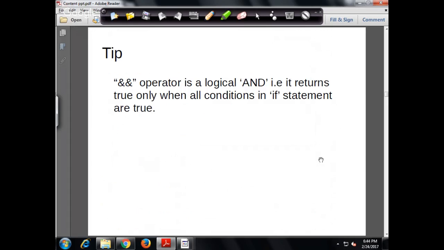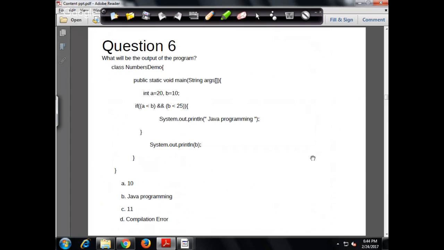So here is the tip. But I see that almost everyone is able to answer the question without seeing the tip. I'm really happy to see that. So I'm going to display the question again, if someone else wants to take a guess once more.